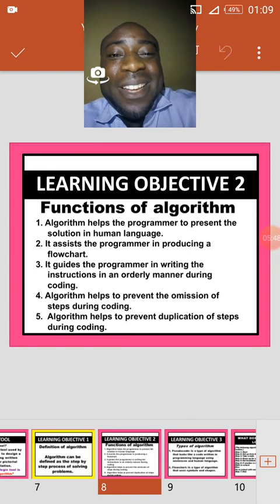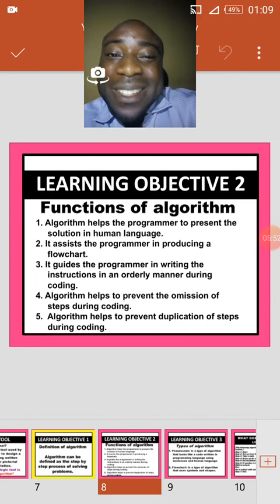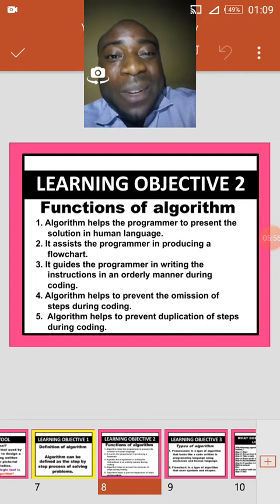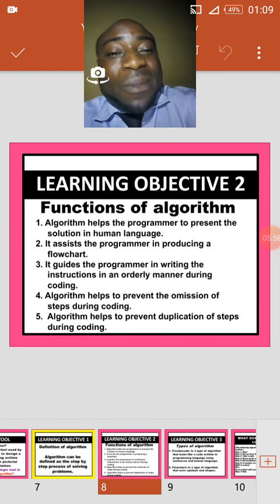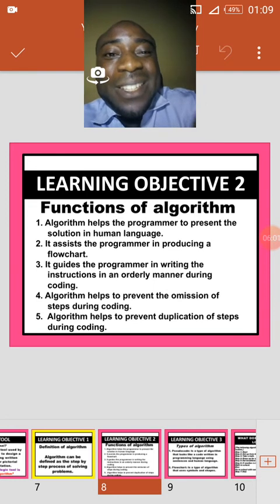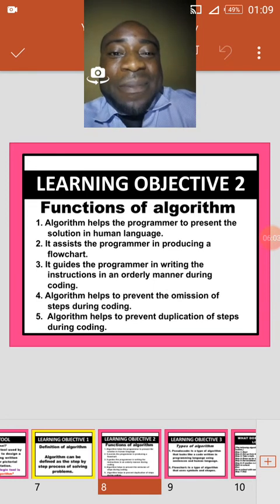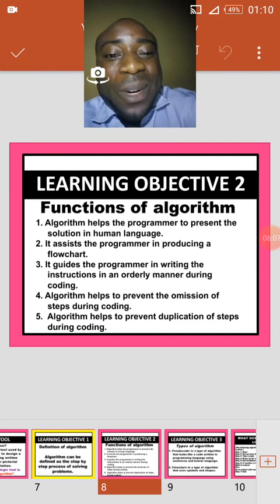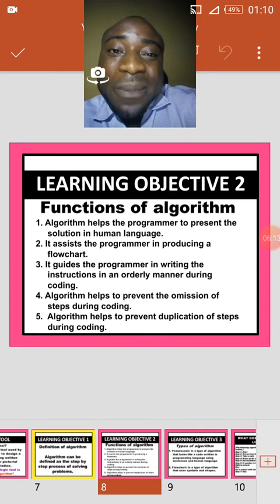Now, a picture shows more than a written statement does. So many times, a programmer uses a flowchart to represent an algorithm. 3. It guides the programmer in writing instructions in an orderly manner during coding.